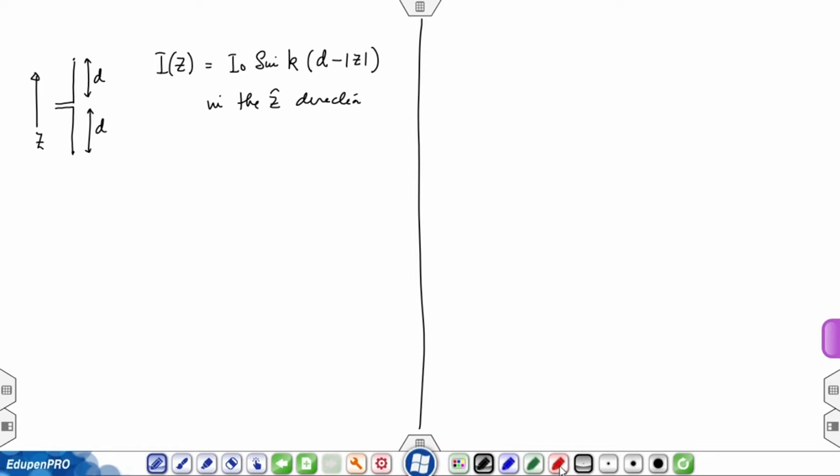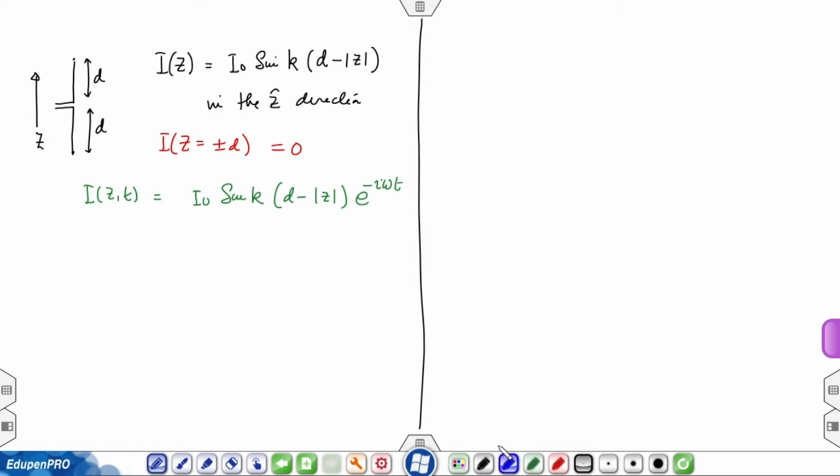So, notice that I at z equals plus or minus d is equal to 0. There cannot be any current at the ends, and the full time dependent current is I(z, t) equals I naught sine of k (d minus mod z) e raised to minus i omega t. So, it is an oscillating current, and we will see how it gives rise to radiation.